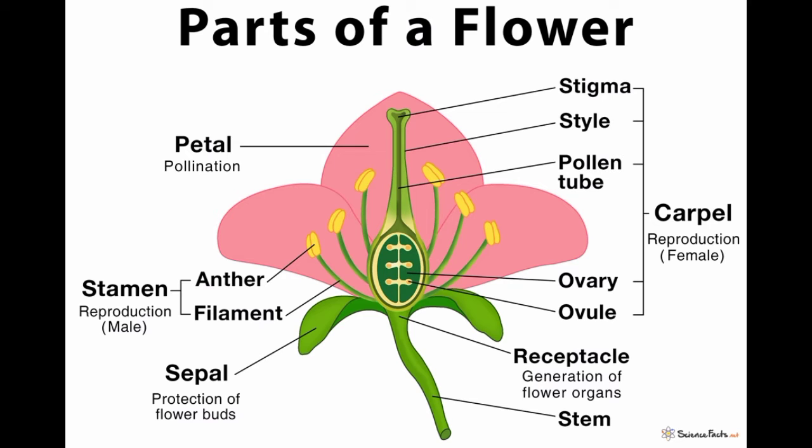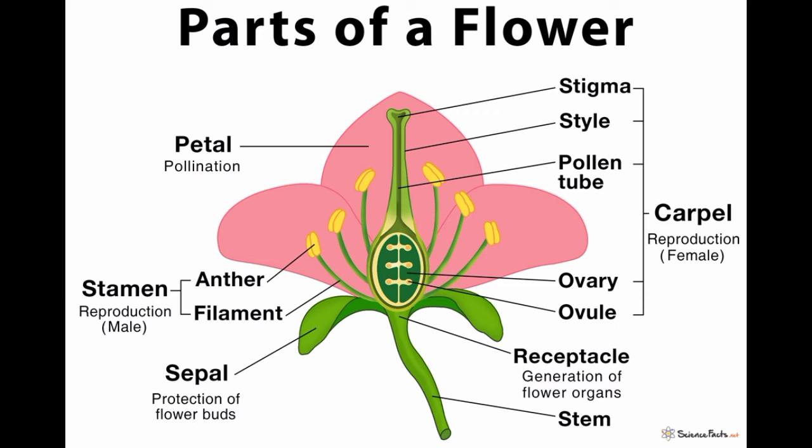So let's study the structure of a flower. Now here you can see the structure of a typical flower. It has different parts. The flower is borne at the tip of a stalk called the pedicel. The pedicel expands into a fleshy swollen upper portion called the thalamus.